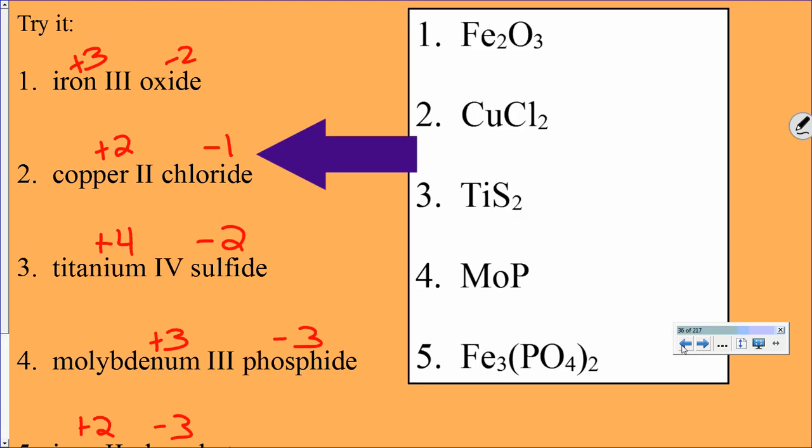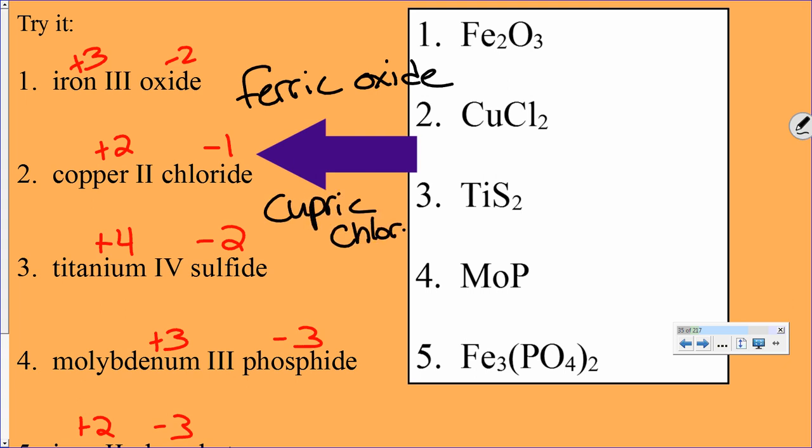So this is not considered IUPAC naming, and in a lot of ways it's kind of gone to the wayside, but some of these, especially the ones that I want you to memorize, you still hear a little bit. So iron(III) oxide would be ferric oxide. Copper(II) chloride would be cupric fluoride.